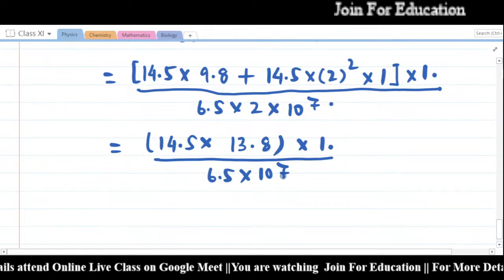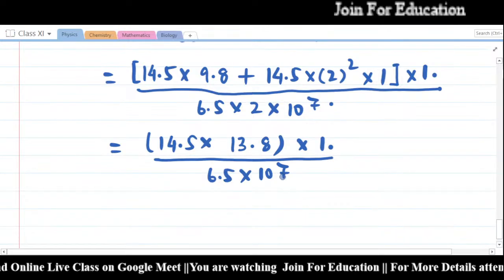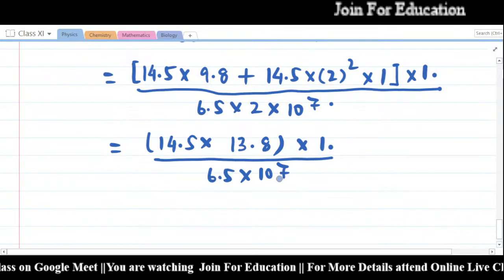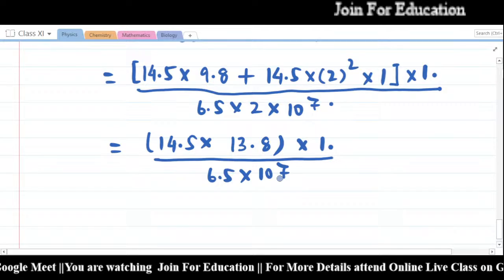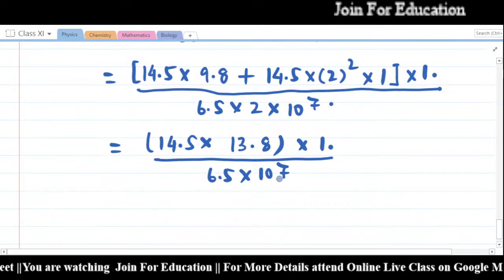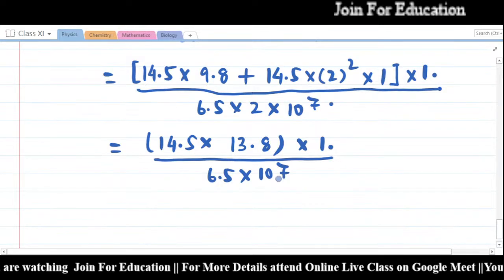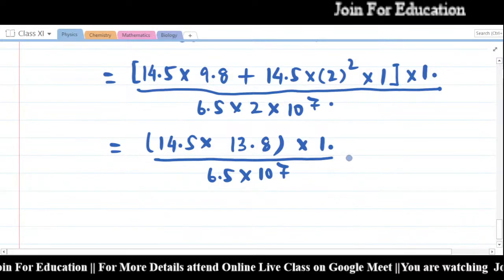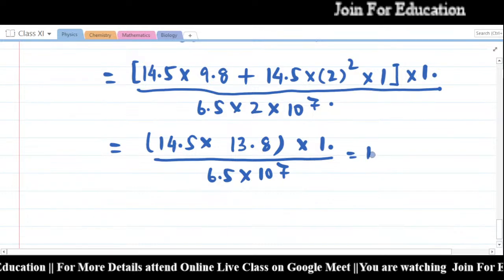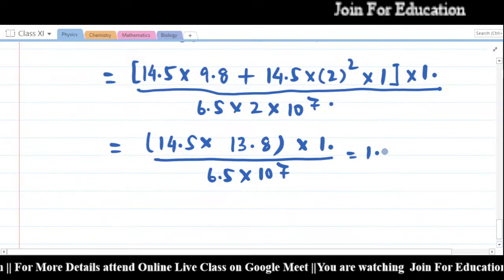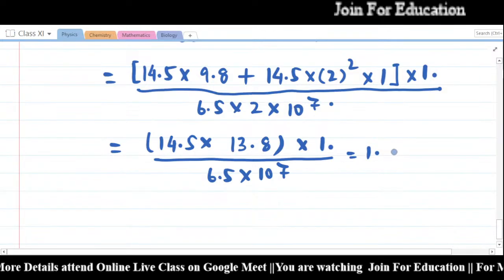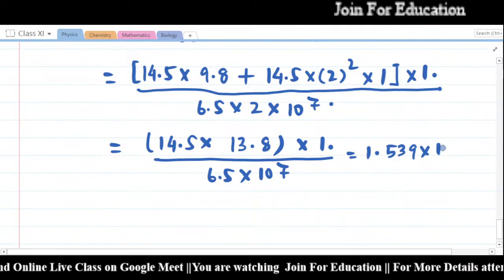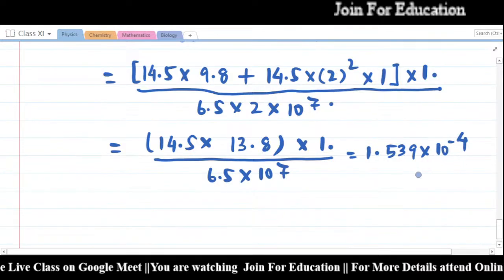So after simple calculation we get 1.539 into 10 to the power minus 4 meters.